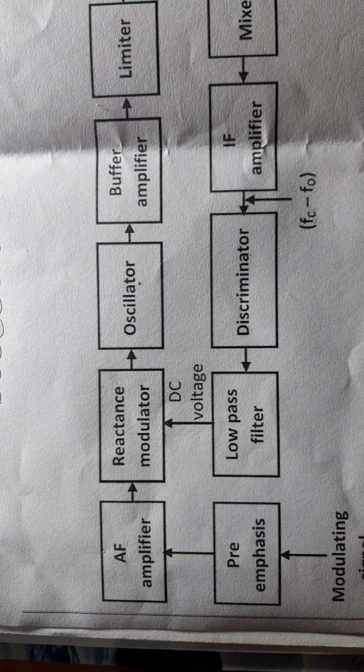And since the message signal is very low frequency, it cannot be transmitted, so you need mixing of that signal with a high frequency signal called radio frequency signal or carrier signal. And the mixing of these two must be such that the frequency modulated wave is generated.